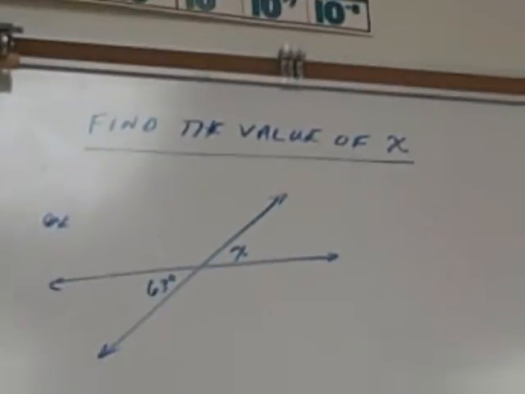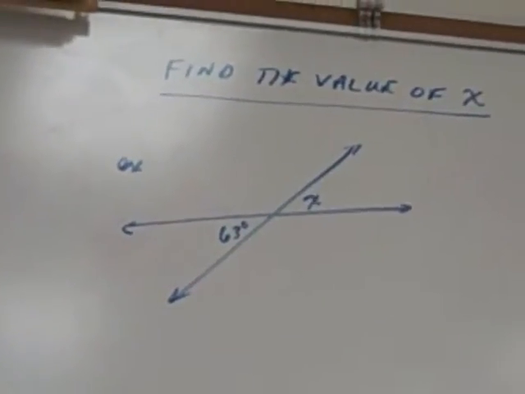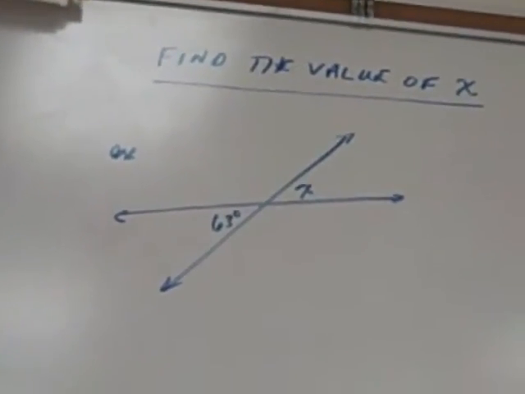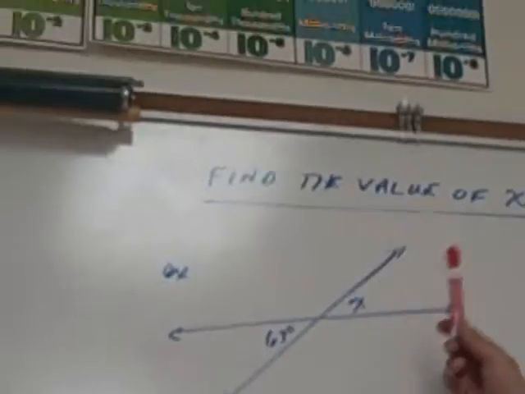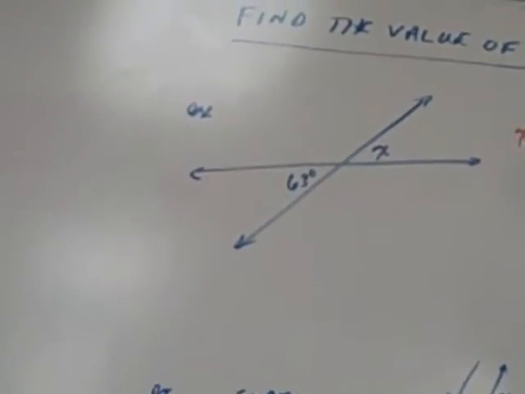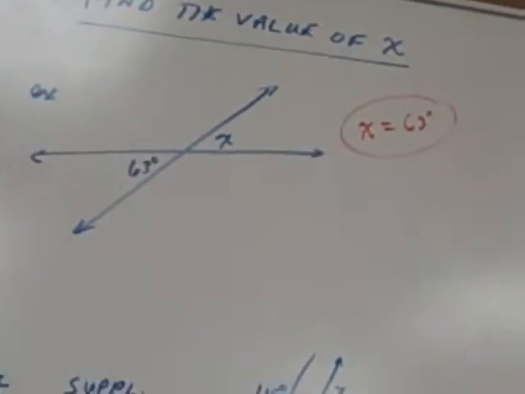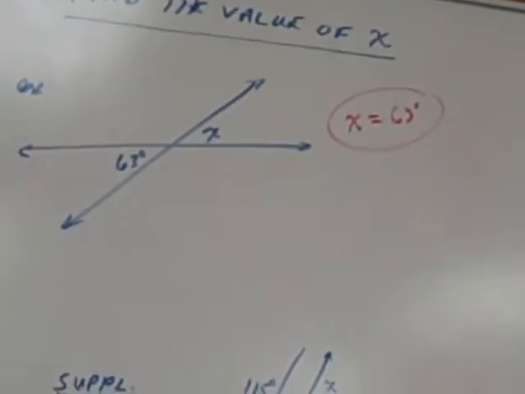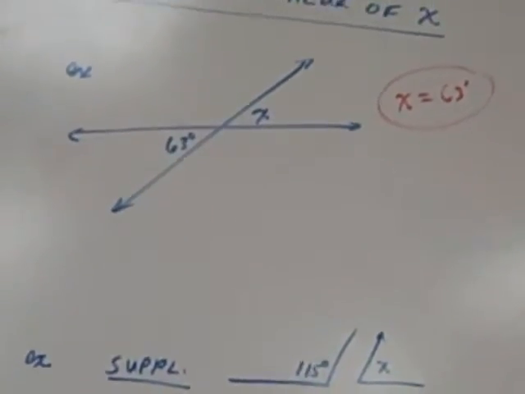Here we go. We got a missing part. That guy: supplementary, complementary, or what? Vertical. They're opposite each other. If that's 63, what's x? Well, this is hard. Vertical angles: if they're asking for one that's opposite the other one, it's going to be the same.